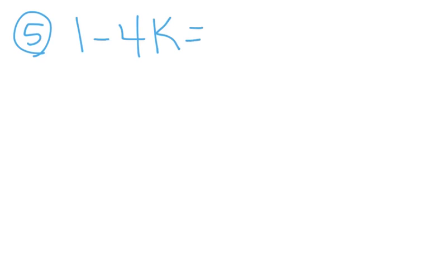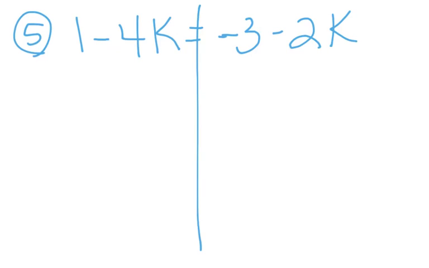And lastly, I'll do number 5 with you, and then I'm going to let you work on the rest of the worksheet on your own. All right, so I have a line down the middle. I want to work with eliminating the k on the right side. So the opposite of subtracting 2k is adding 2k. Make sure I write it underneath on the other side.